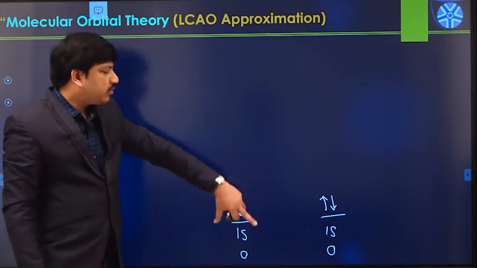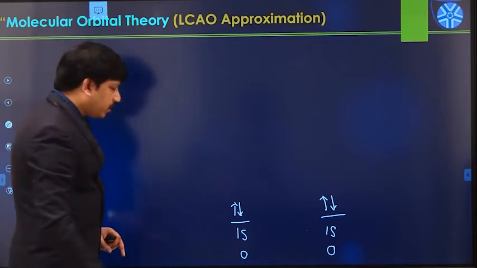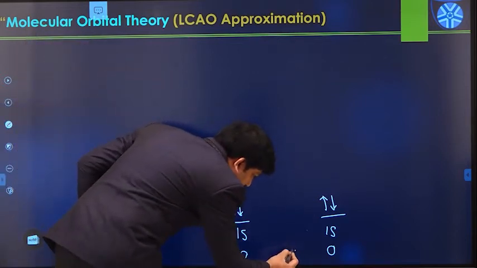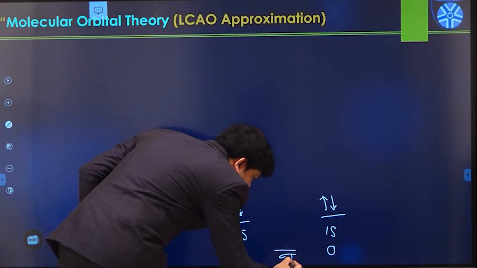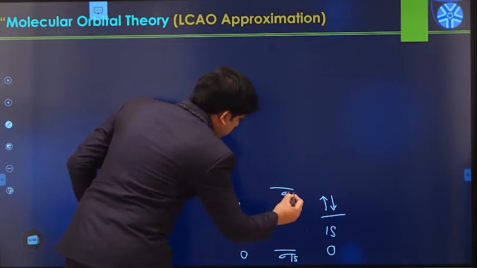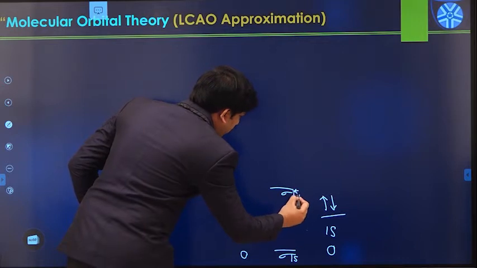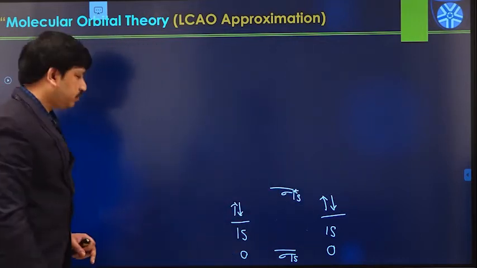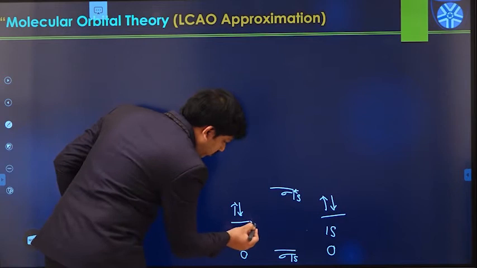So whenever there is a linear combination between them, there is a formation of corresponding bonding sigma 1s and sigma star 1s like this. Okay.